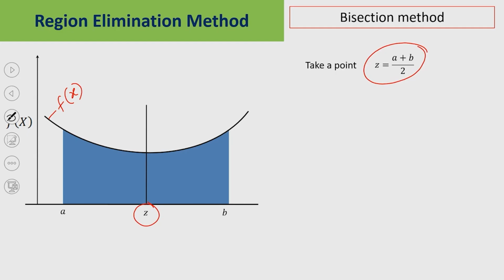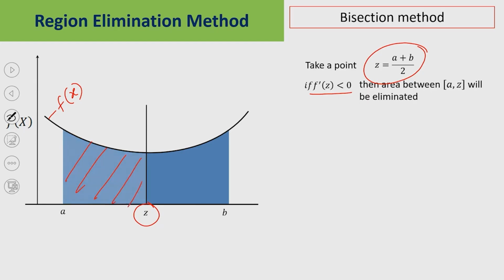Now we calculate the derivative at Z. So f dash Z, the derivative at Z, if it is negative, less than 0, then this area will be eliminated, is it not?